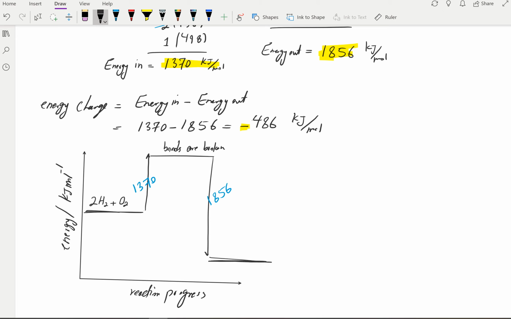So what do we have here? Here we have two water molecules, and the difference between the energy level of the reactants and products is the energy change for this reaction, which is 486.